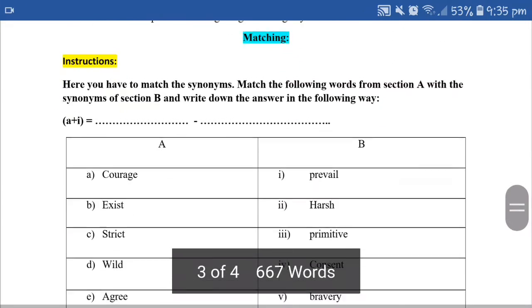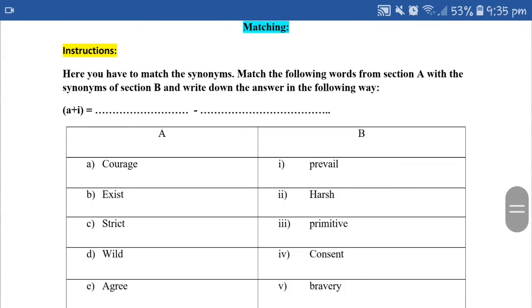Now let's talk about matching. Here in this matching there are 2 sections or columns, right? The words of column B are the synonyms of the words of column A. So you have to find out synonyms. That means if A is courage, then what is the synonym of the word courage in section B?